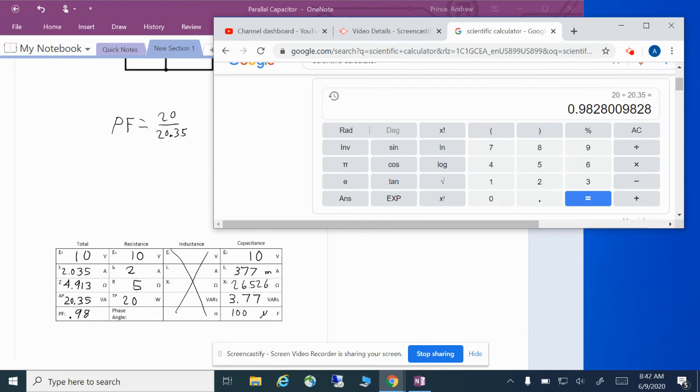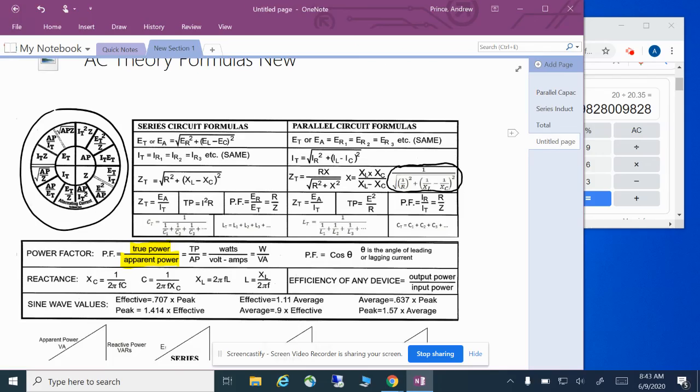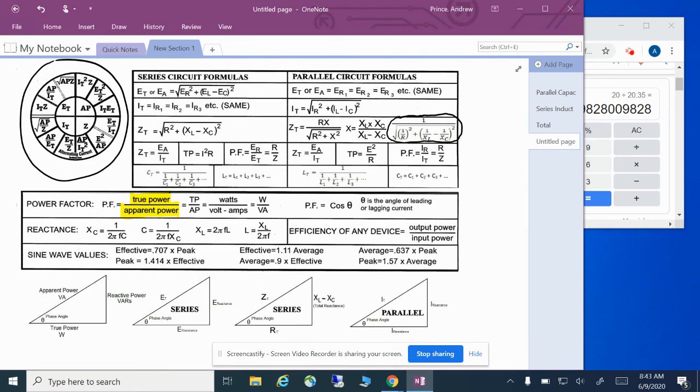That's going to be the cosine of, so let's look at the triangle. I'll just tell you right now, we can go straight to the inverse cosine or arc cosine and just put in 0.98. But let's look at why exactly. If we go back over to our formula sheet, we're looking at this triangle right here. We said that the true power and apparent power are how you figure out the power factor. So I would take the true power over apparent power.